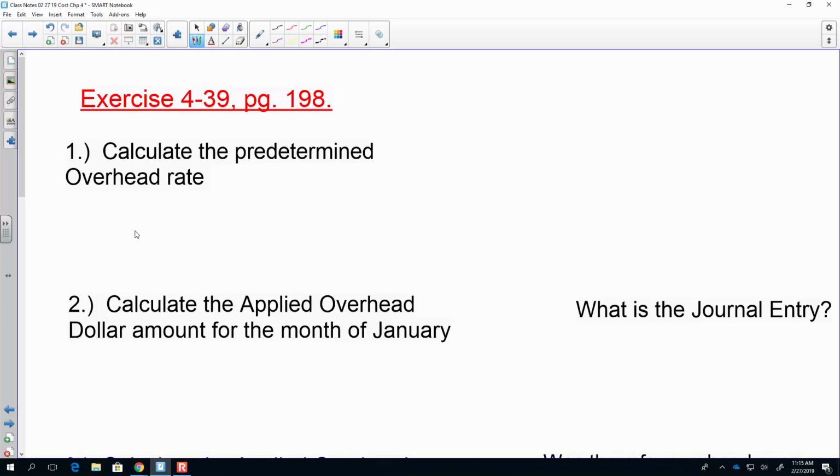There are 2 numbers I need to get. Where do I find them?